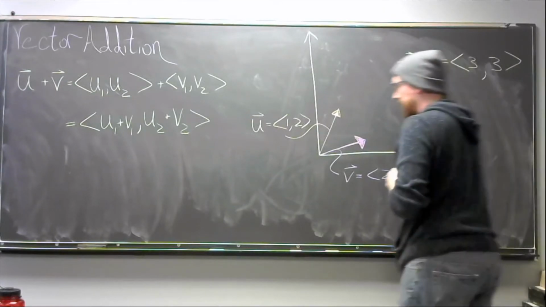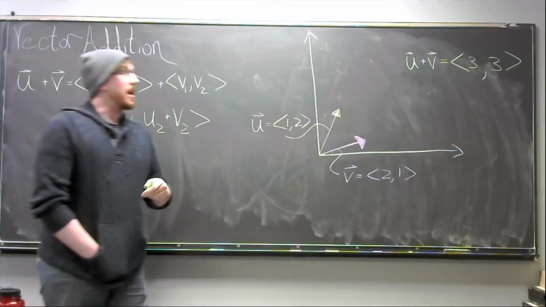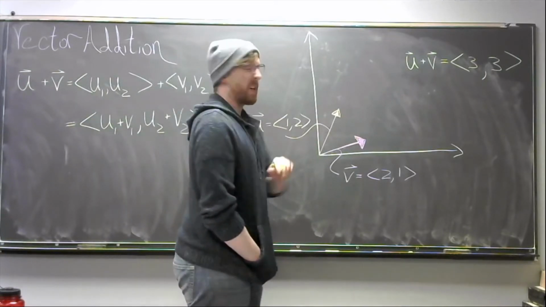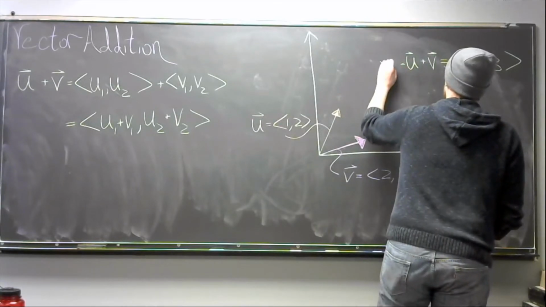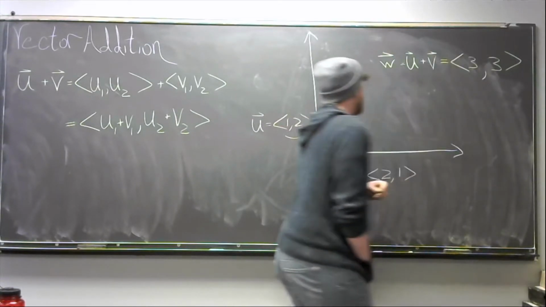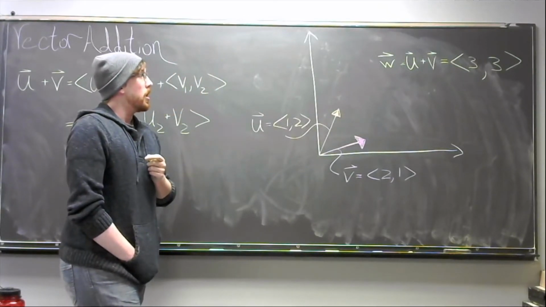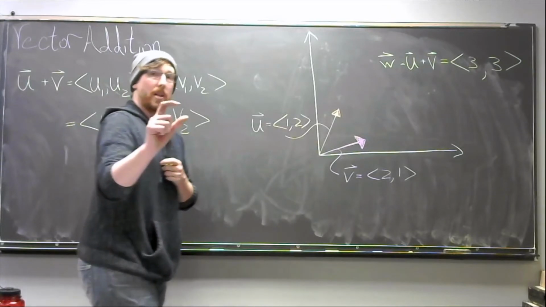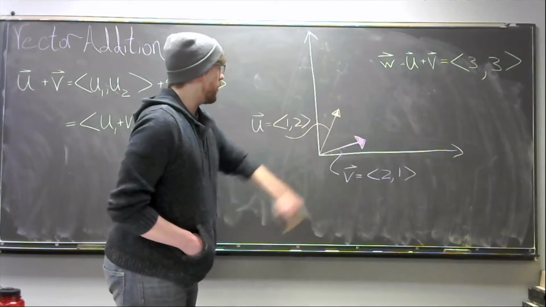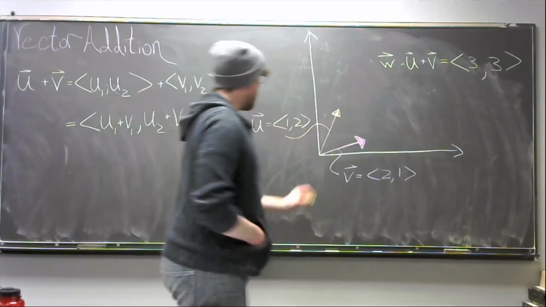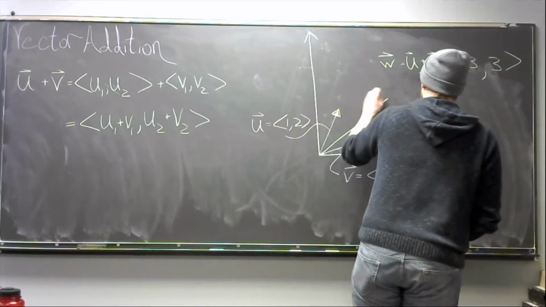Well, we can write this now as a new vector. Think of it as maybe the vector w. Well, this new vector w, if we take the tail end of it and we put it on the origin like these other two, is going to be the vector that looks something like this.